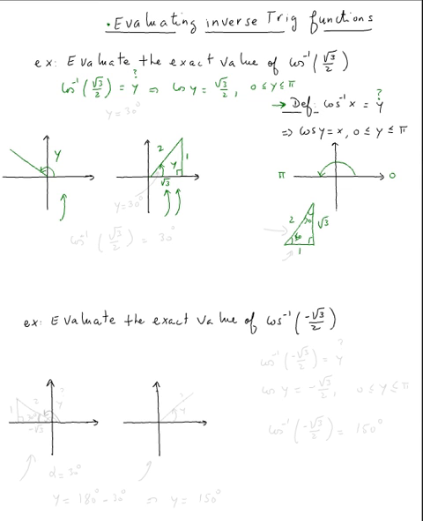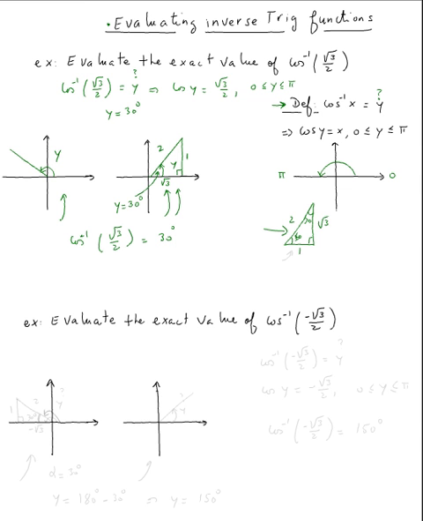By looking at this triangle, this angle has to be 30 degrees. So y is equal to 30 degrees. So what we just proved is that cosine inverse of square root of 3 over 2 is equal to 30 degrees, or pi over 6, doesn't matter, pi over 6.